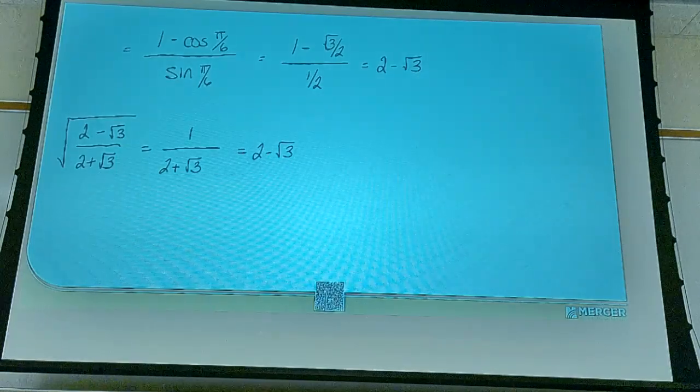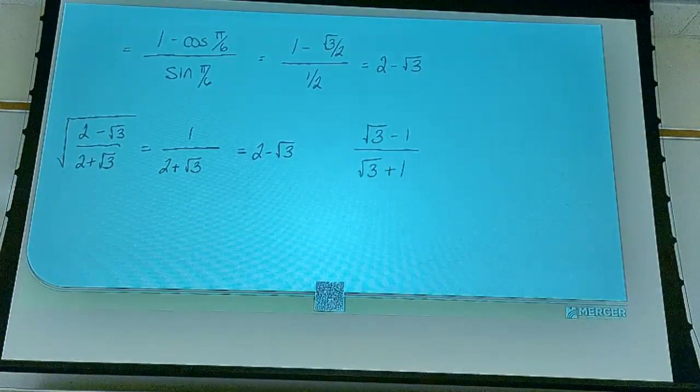So all three of those are the same, and that shouldn't be difficult to see just by doing rationalization. But that was from Wednesday.